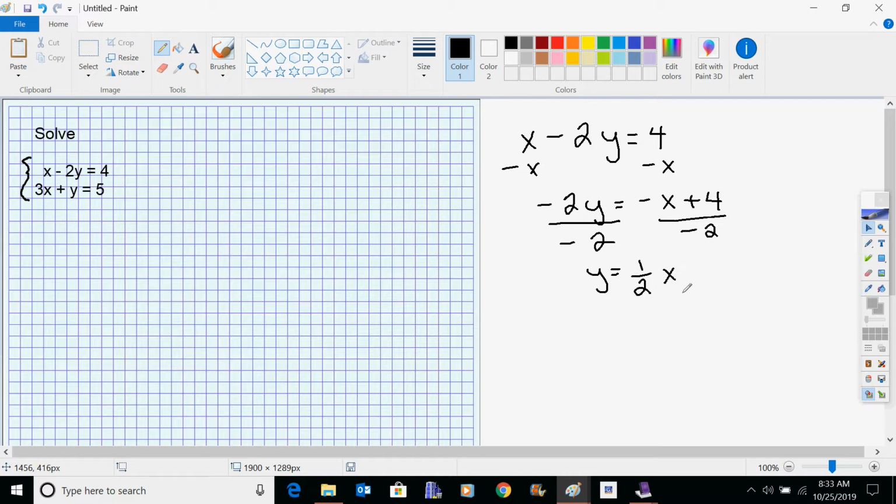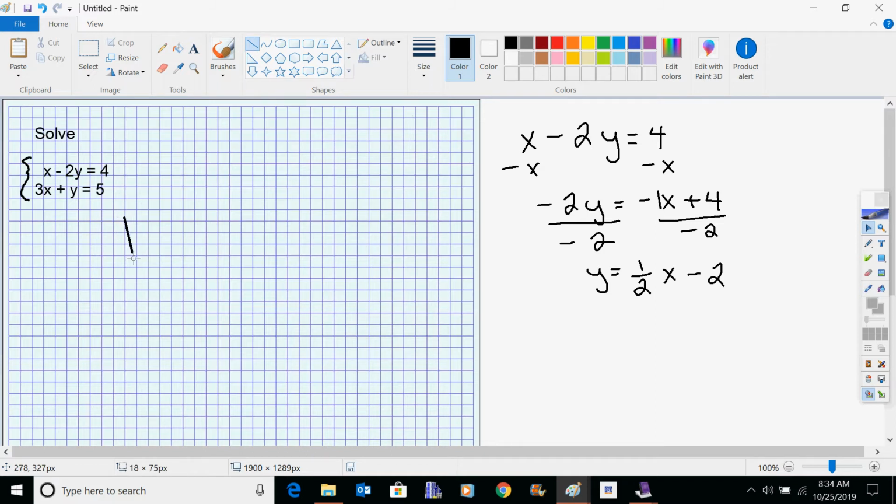And that's a very common mistake, thinking 2x, because you see a 2 and you see an x, but when it's divided by, there's a hidden 1 here. So 1/2. And then 4 over negative 2, that's where our 2 is. So we have that. So we'll go ahead and graph that one.